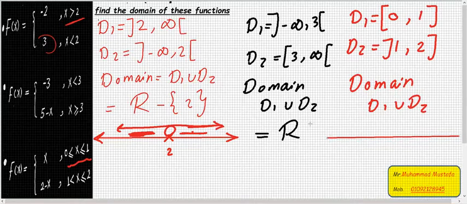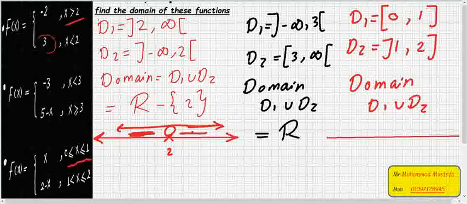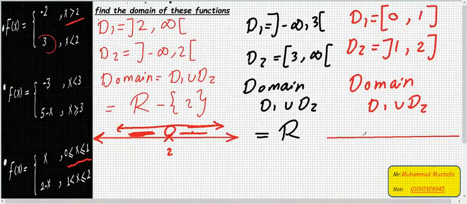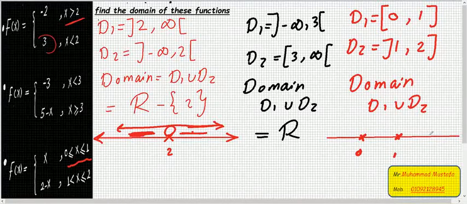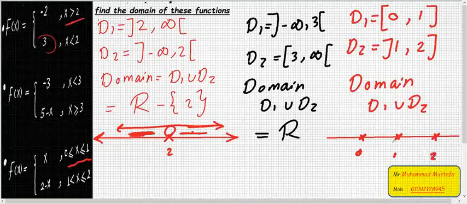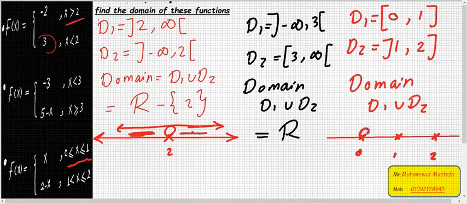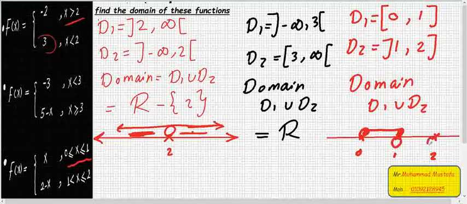Number line. We have 0, 1, 2. From 0 to 1, 0 closed, 1 closed. From 1 open to 2 closed.